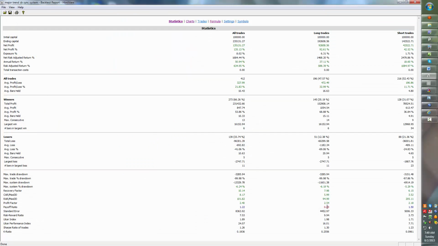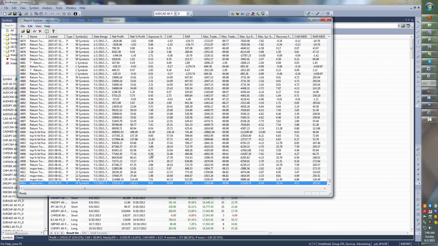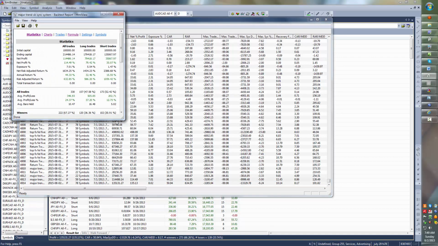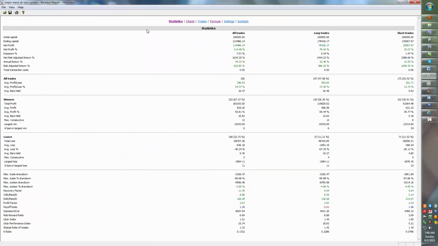No, it's still there. Let's see if it's there with the 59. Yep, still there. So the only issue that we really have with this particular system is that historically the payoff ratio was not over 1.0.